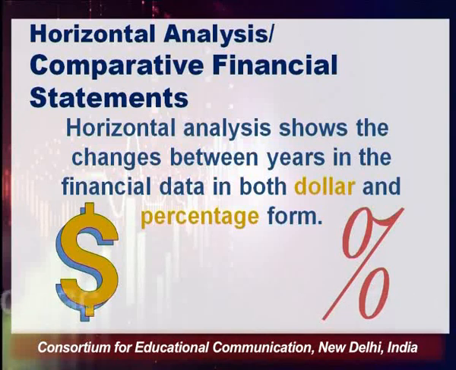Of course, we are talking about financial analysis, so we are referring to financial data. How do we express this change? First of all, we take two data sets of two different years, let's say 2017 and 2018.